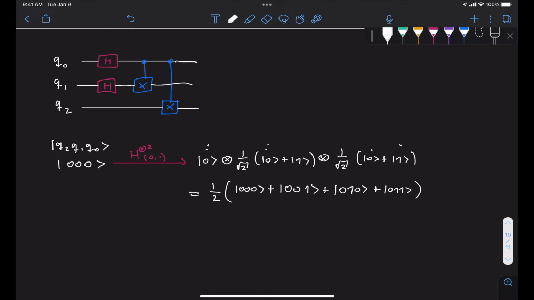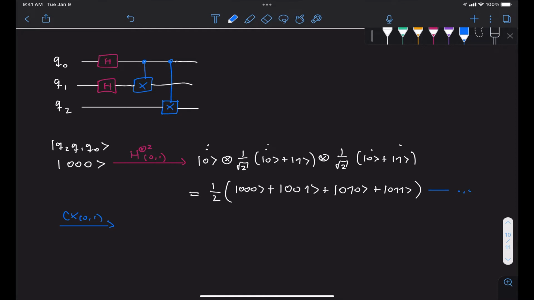Now, after this, we apply a CNOT gate. So let's apply a CNOT gate here between qubits 0 and 1. So what this is going to do is, when qubit 0 is in state 0, it's going to leave qubit 1 unchanged, and when qubit 0 is in state 1, it's going to flip qubit 1.